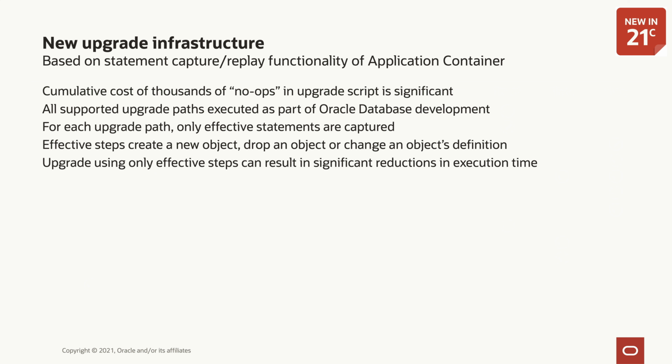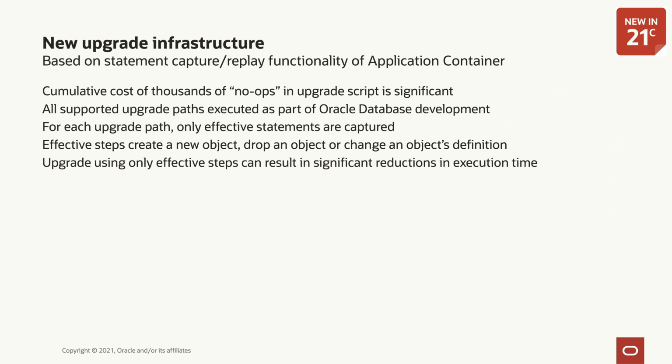Here's how it works. At a high level, we utilize the capture replay mechanism introduced in 12.2 for application container upgrades. This includes a repository of the various steps involved in the upgrade of an application. This new upgrade infrastructure utilizes the same mechanism for database upgrades.